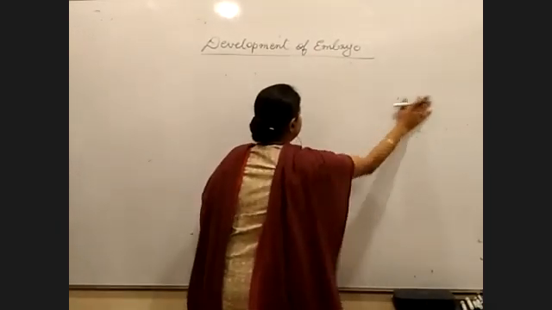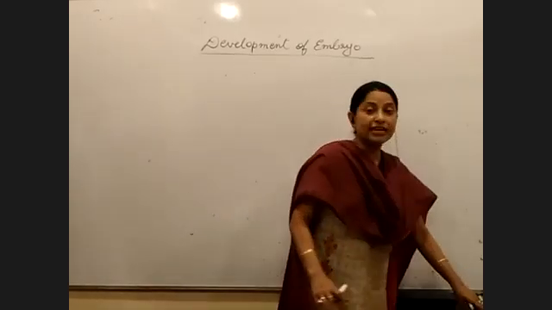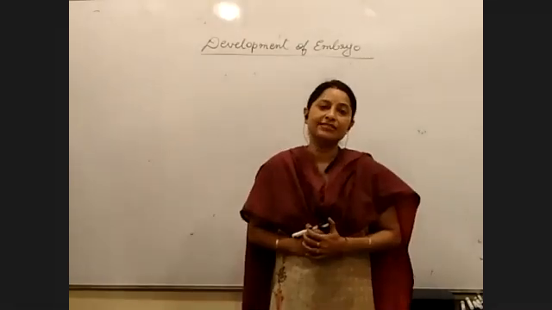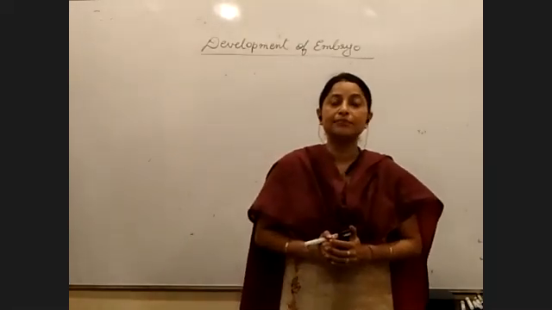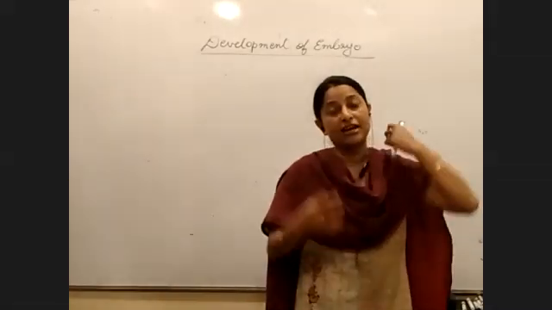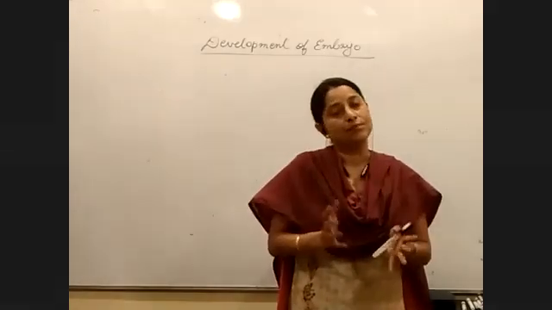So who forms the embryo? It is the zygote that forms the embryo, right? How does the zygote form? It's very well understood. Very simple question. During sexual reproduction, both the two gametes, the male gamete and the female gamete, fuse together to form a cell that is called a zygote. The zygote ultimately undergoes cell division and forms the embryo, right?